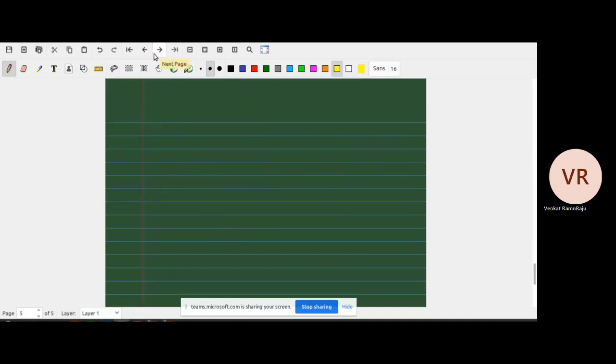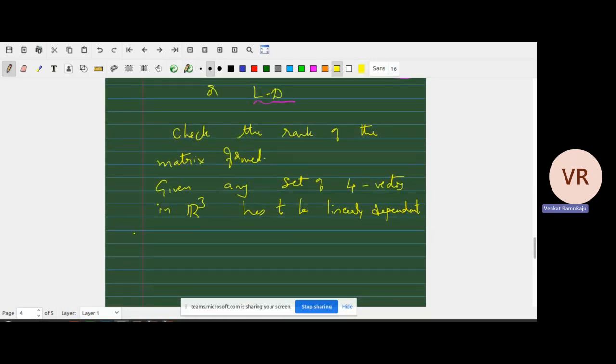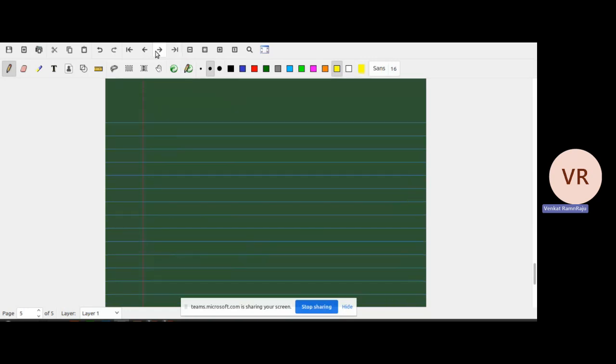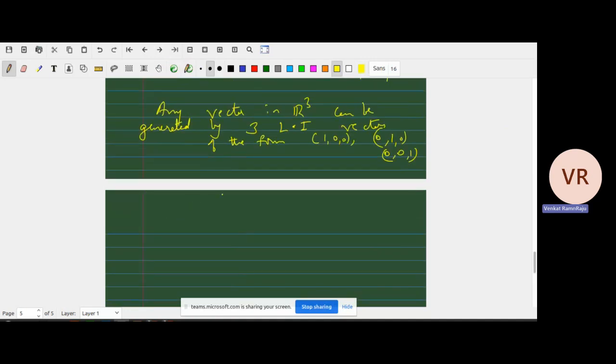The reason being that any vector in R3 can be generated by three linearly independent vectors of the form 1 0 0, 0 1 0, 0 0 1, or more generally any, this is the standard basis, but any 3 linearly independent vectors can span the whole of R3.